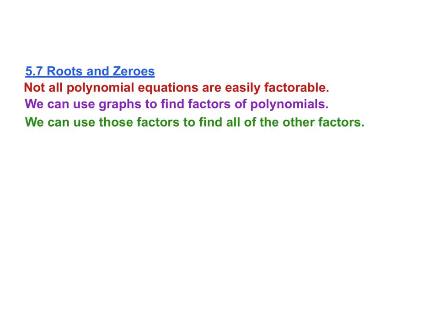And so when we have the graph, we use those solutions to come up with factors to find the remaining factors, like we did in 5.6. The difference is you're not going to be given a factor to begin with. You're going to have to find them right from the beginning before you can find all the remaining solutions.